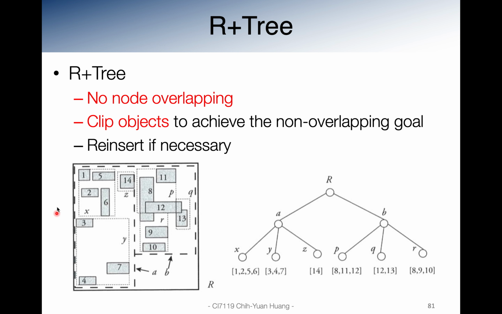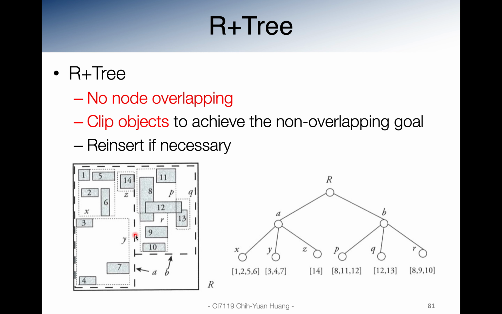So let's take a look at this node structure over here. As you can see, the largest node is the root node, that's R, and we have A and B indicated with the dashed border rectangles. As you can see, A and B are not overlapped with each other.